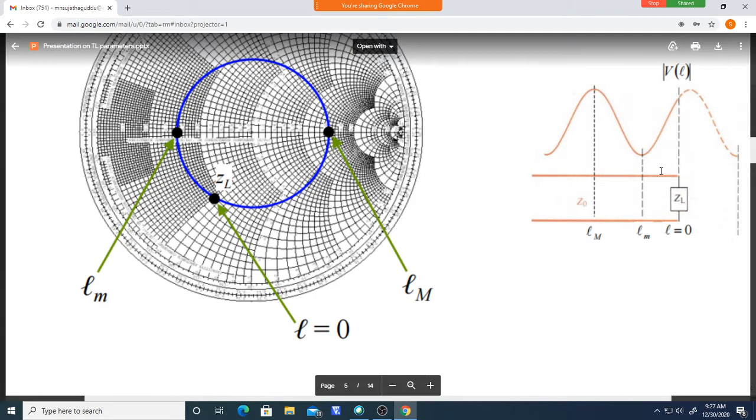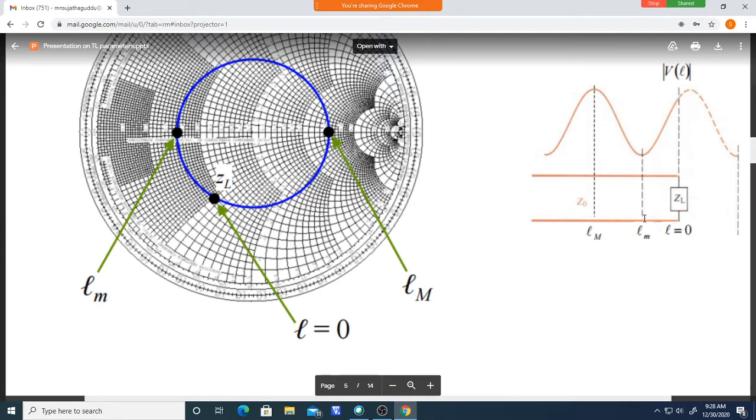As you move away from the load point, impedance changes and becomes minimum at some distance. Impedance is minimum at a particular distance. For example, if you move like this, at a distance lm, impedance is minimum, whereas at the load it is ZL.